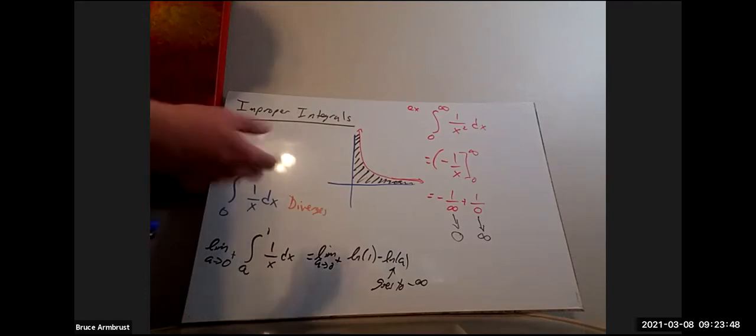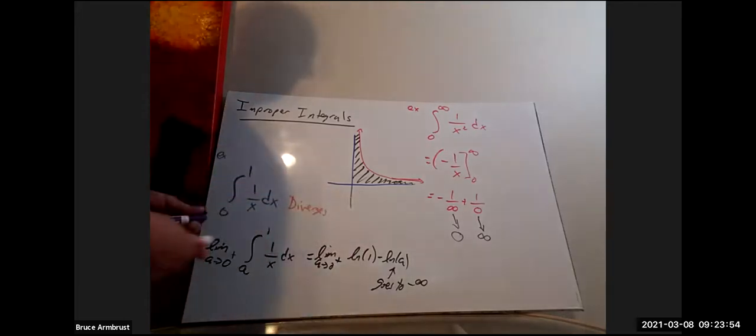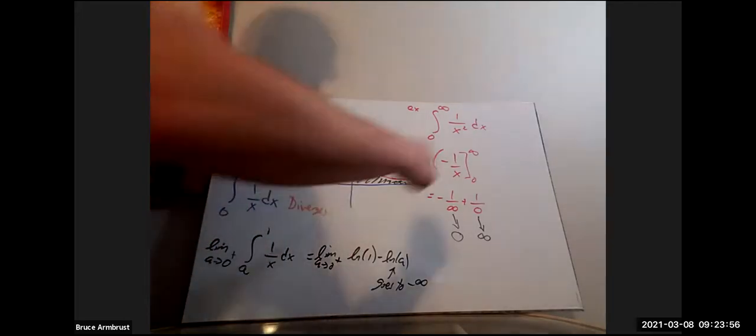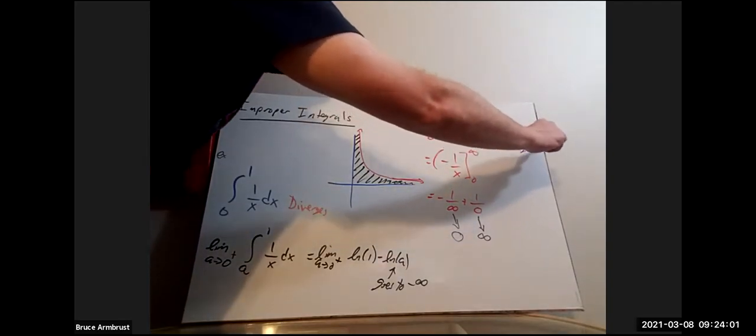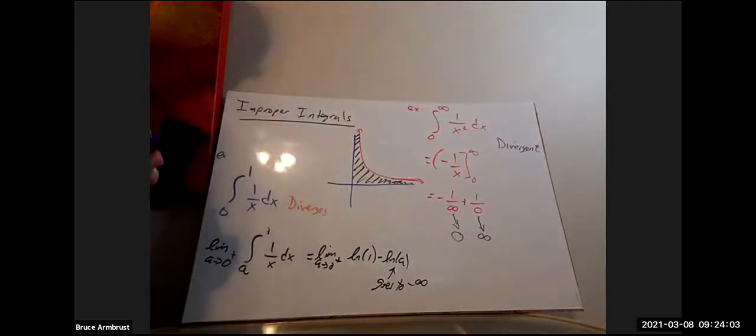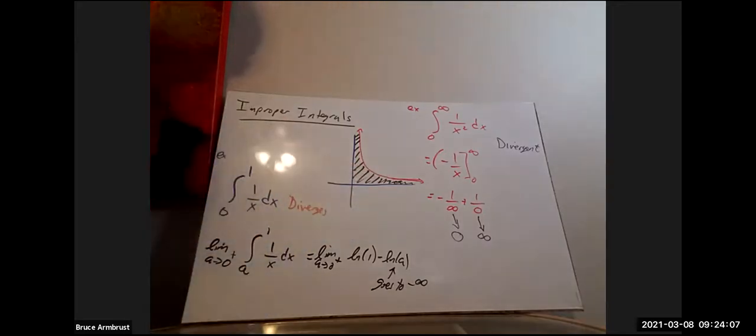All right, well, I get 0 and then I get plus infinity. Well, that tells me that this diverges. So it's divergent, which means there's an infinite amount of area under that curve.